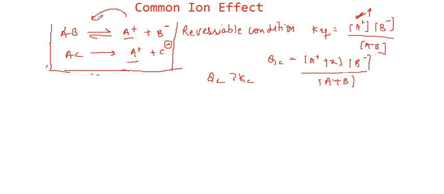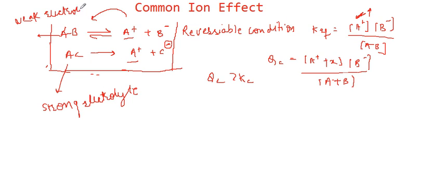So when a strong electrolyte AC is added into a weak electrolyte AB, then the concentration of A plus increases in the solution and the degree of ionization of the weak electrolyte decreases.